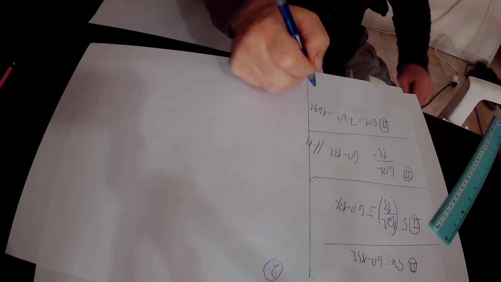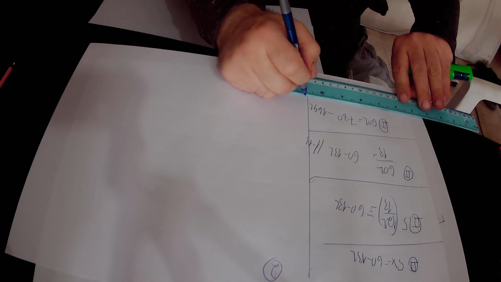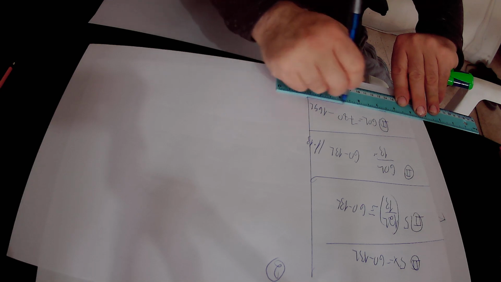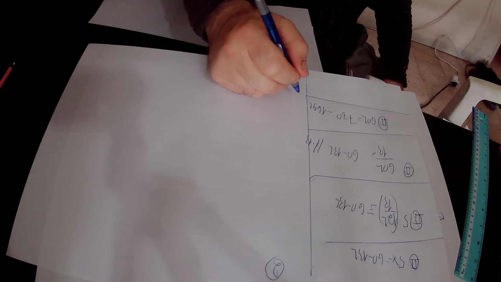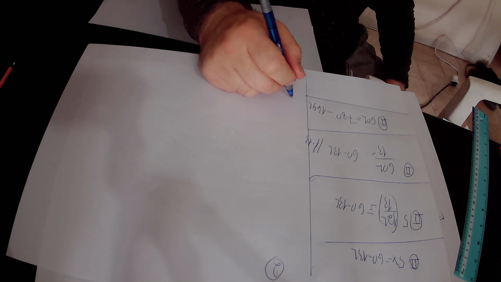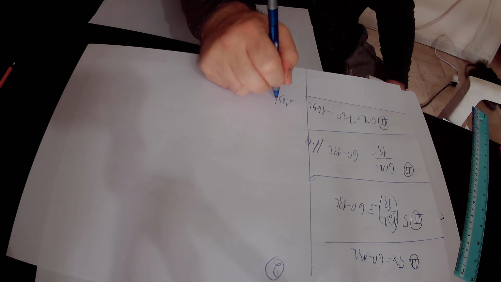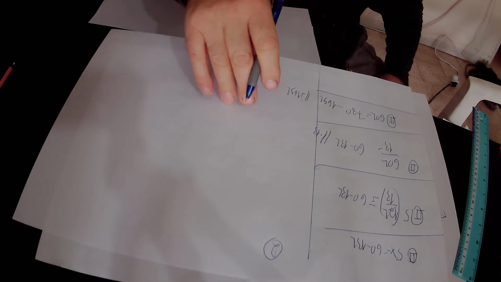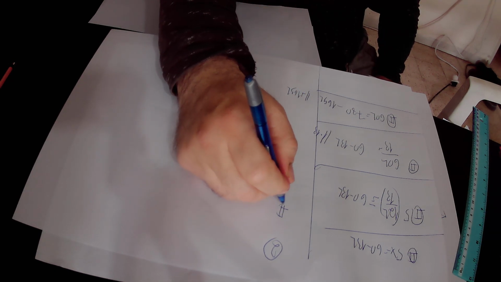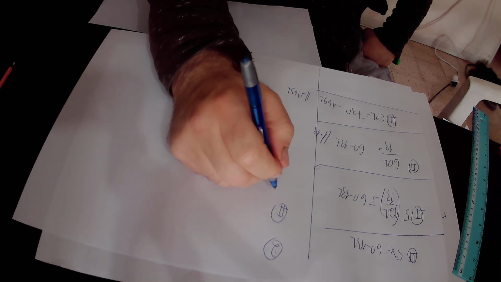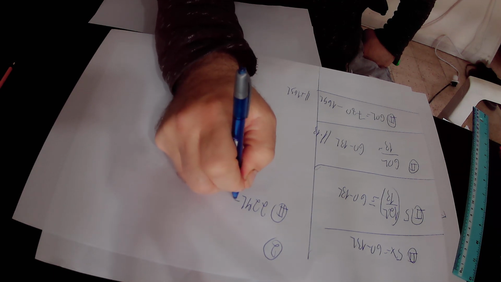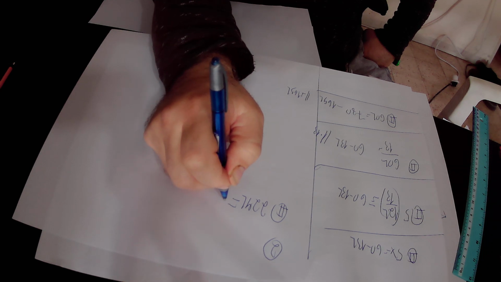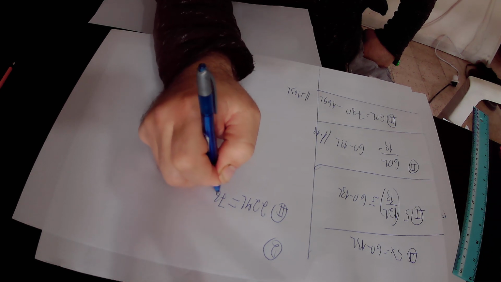So 60L equals 780 minus 169L. Here we'll add 169L, and you get that 60L plus 169L is 229L, and 229L equals 780.